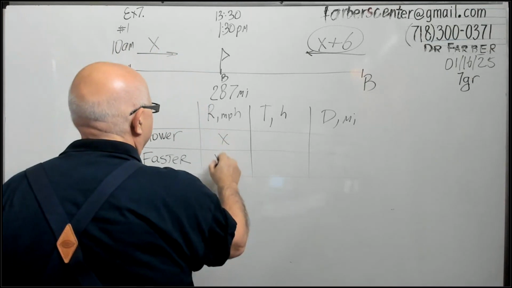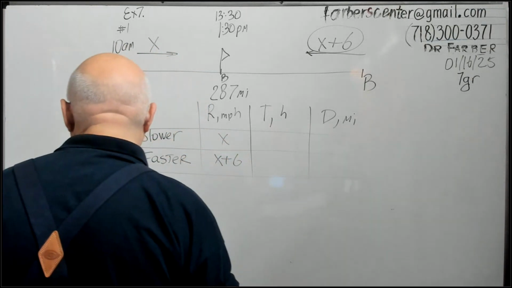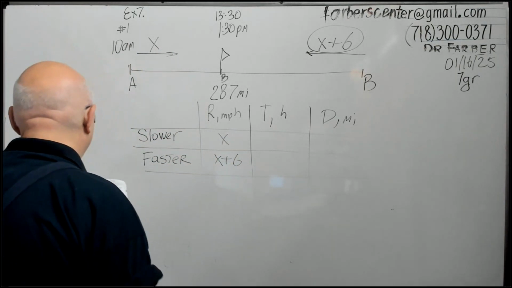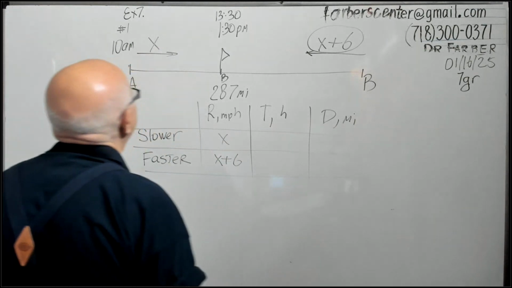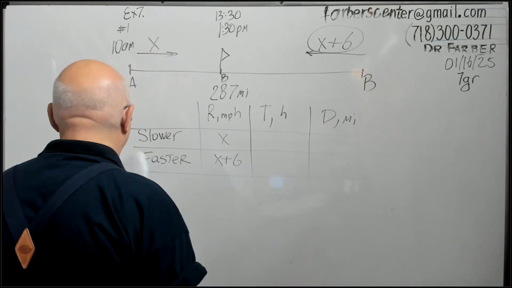This is x, and this is x plus 6. Now, what are we supposed to put? It's for rates, right? Time. What do you know about time?